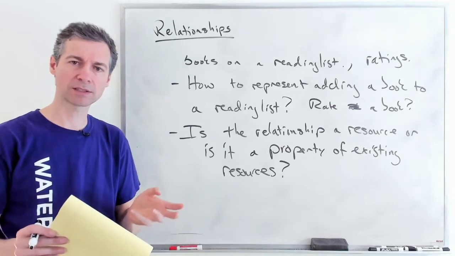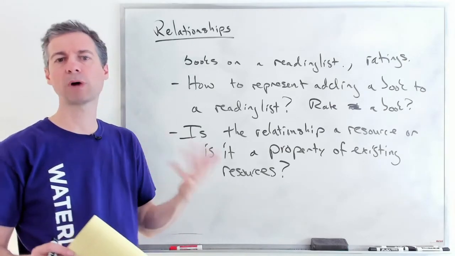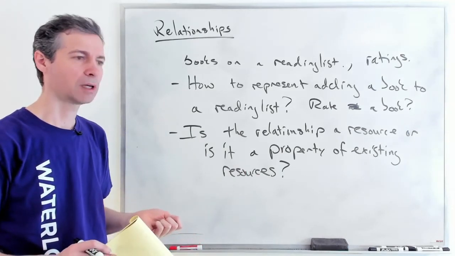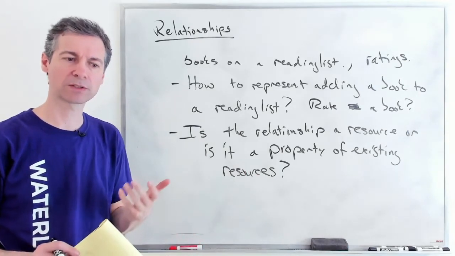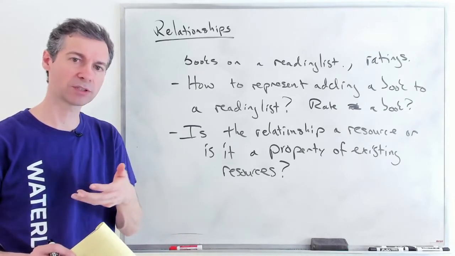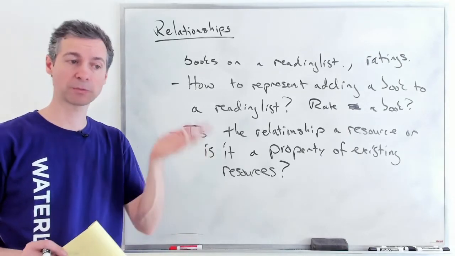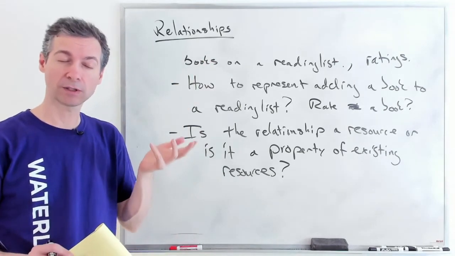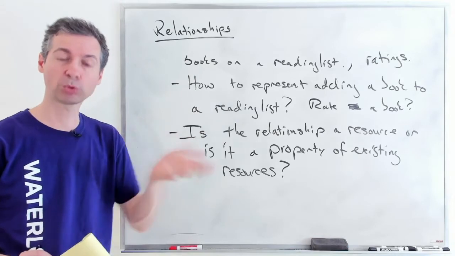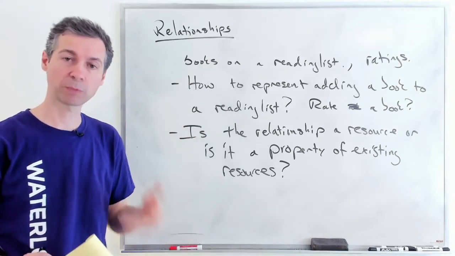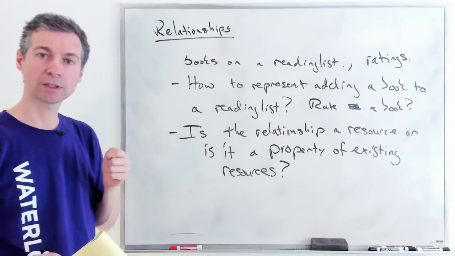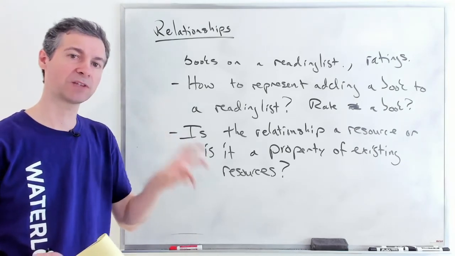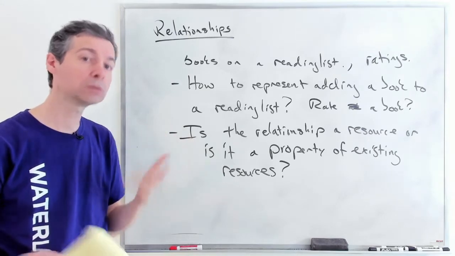It's simply a property of the entity. It's just like when we set up an association between books and reading lists. We could think of the reading list as being a property of the books, and the books being a property of the reading lists. We don't necessarily need to think of the relationship itself as a resource of its own.